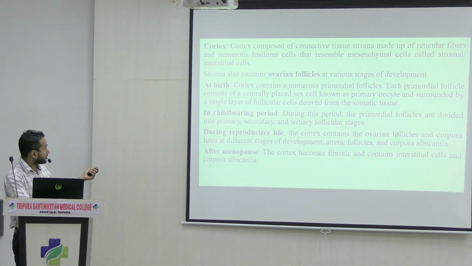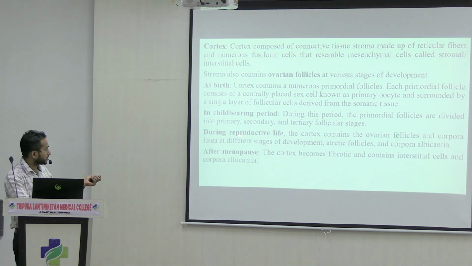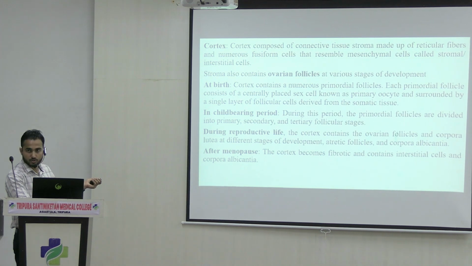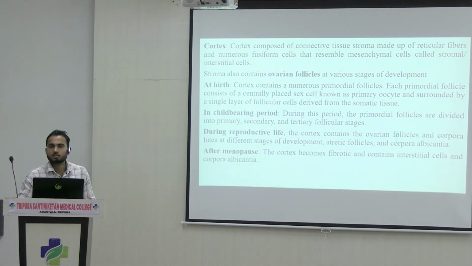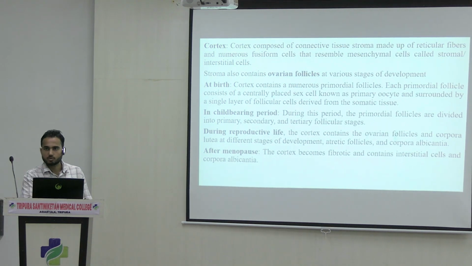Okay, now at birth, what are the different types of cells present? During the childbearing period, during reproductive life, and after menopause. So these are the different stages of life, particularly for women. During that period, inside the ovary, what are the different types of cells present, that you have to know.